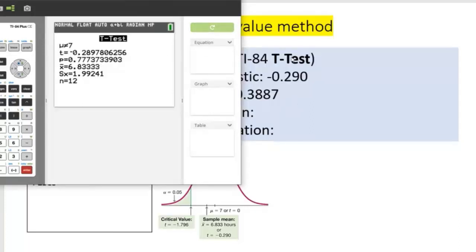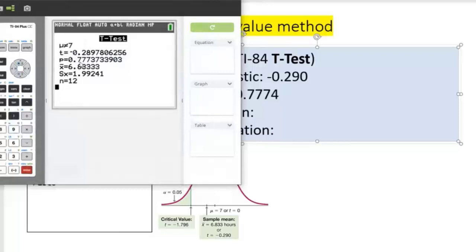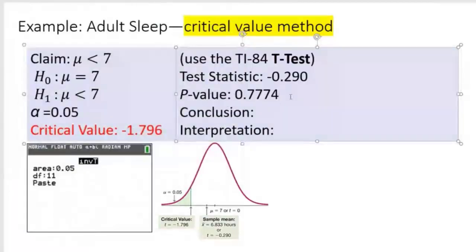It's actually 0.7774, so that was a typo. Let's pull it up one more time. The p-value is 0.777, and that would round to a 4. So I have this information from my calculator.